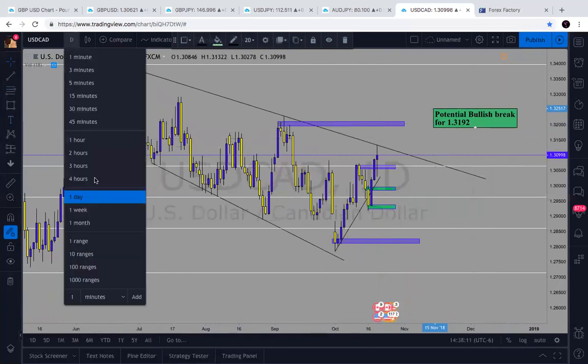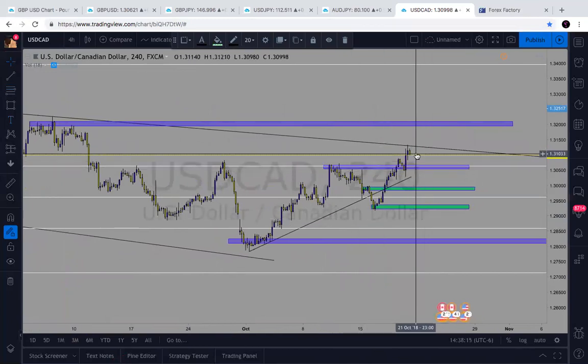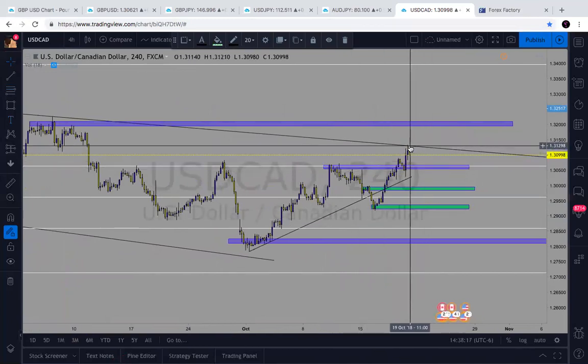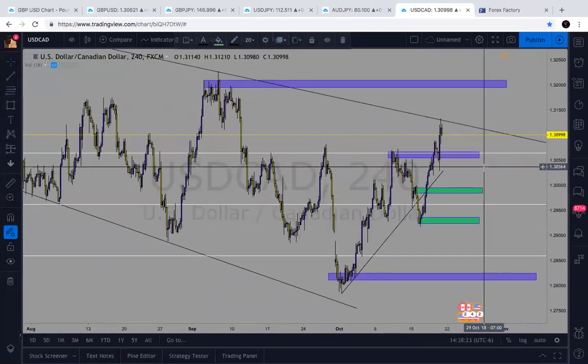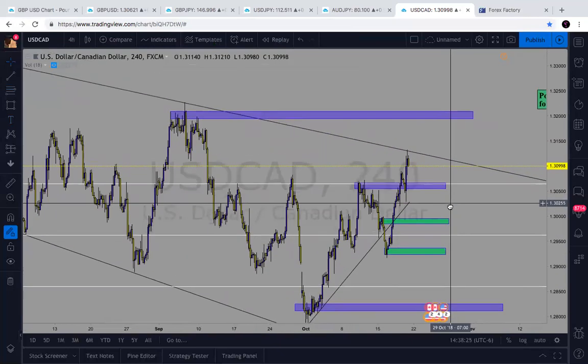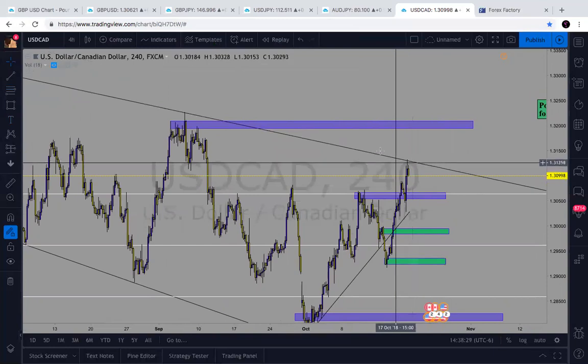Let's see this on the H4. We're almost there. We did get this perfect rejection off of our long-term trend line. As you can see, we are within this channel. We got this perfect wick rejection.